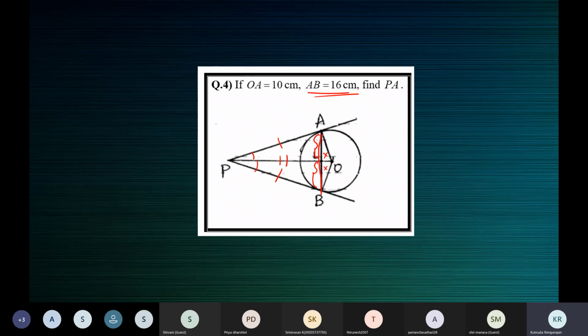So that means AL is 8 and BL is 8. And you're given, one second, we cannot use that now. Since these two triangles are congruent, AL is equal to BL, so 8 each.